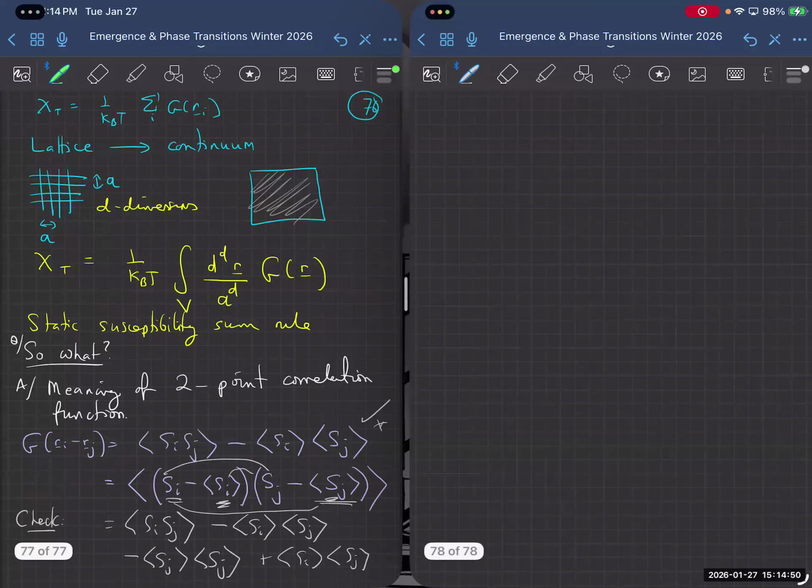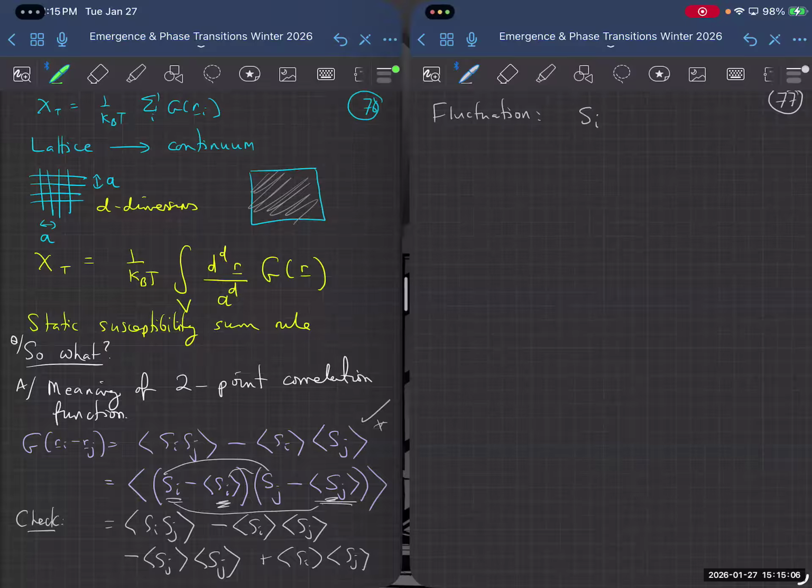Now, what does that thing mean to us? Well, that quantity in the first term, remember we defined the fluctuation. We said if you look at the spin S_i, it has some instantaneous value. If I look at its average value, that gives me the expectation of S_i.